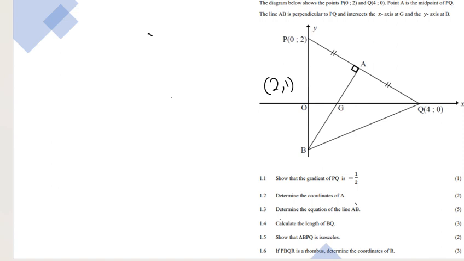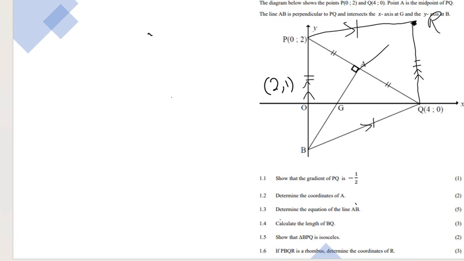In order for this to be a rhombus, this R has to be a point somewhere there, such that this line is parallel to this one and equal to it, and these two are also parallel and equal to each other. Now determine the coordinates of R.